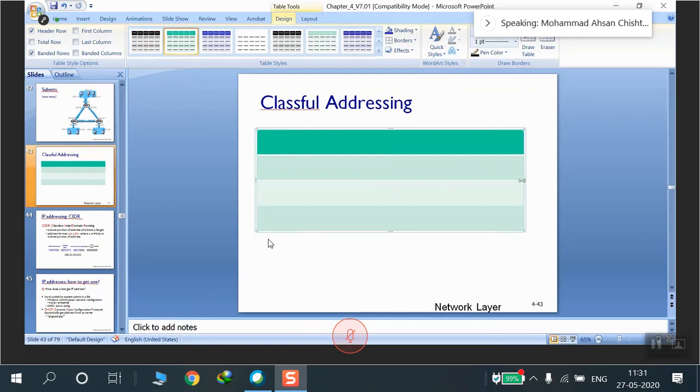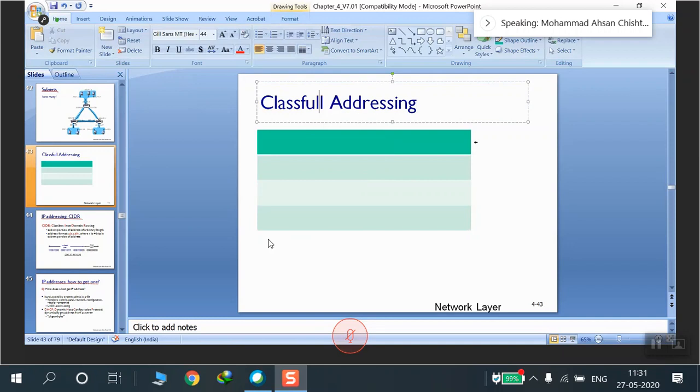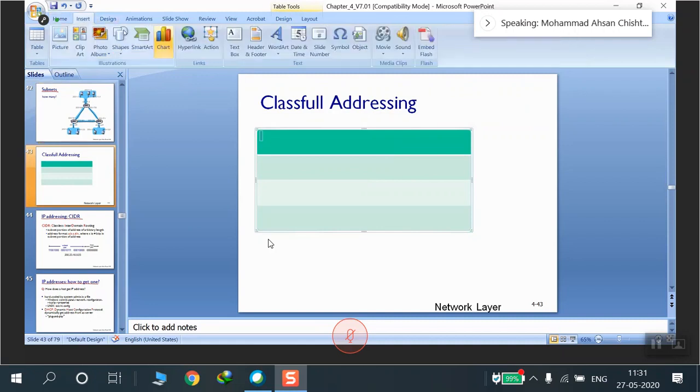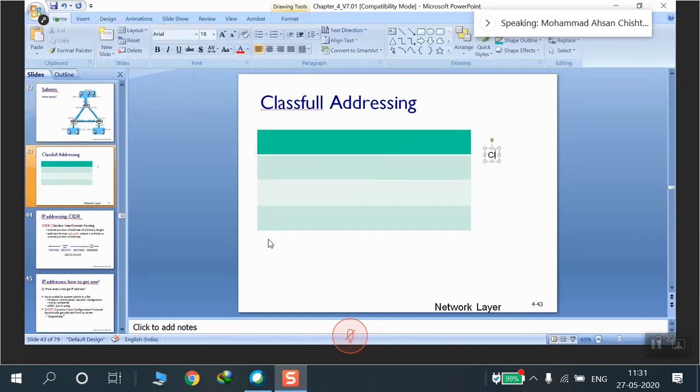Based on classful addressing, I would have 4 types of categories: the first one as class A, the second one as class B, the third one as class C, and the fourth one as class D. Now what are these 4 classes that we have for IP address?